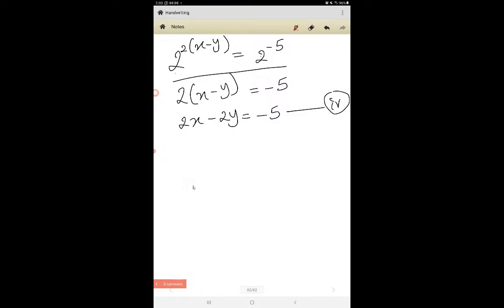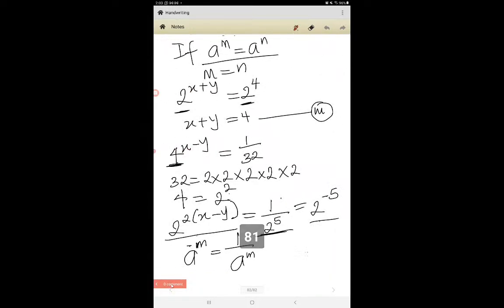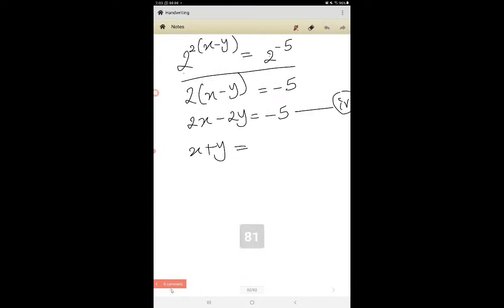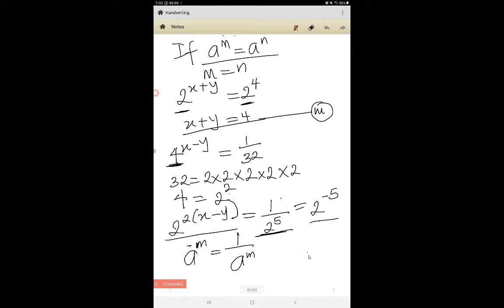So now, you combine equation 3 and equation 4. This is equation 3, which is x plus y is equal to 4.